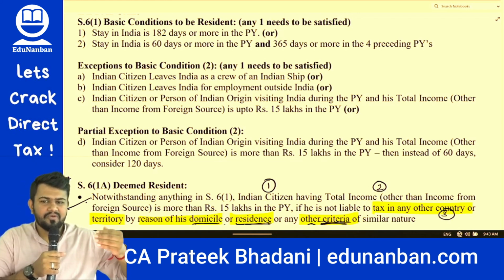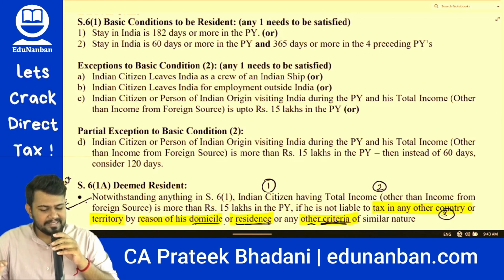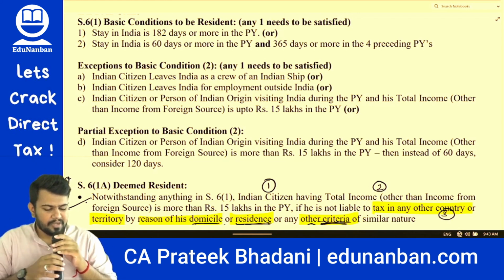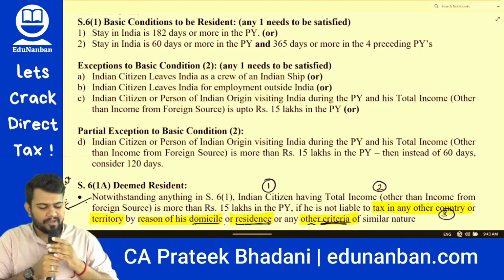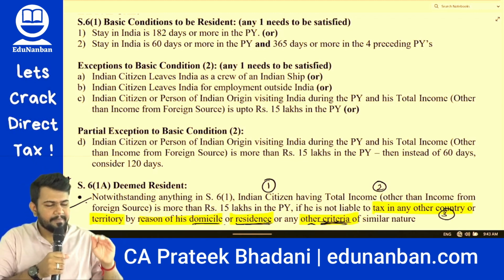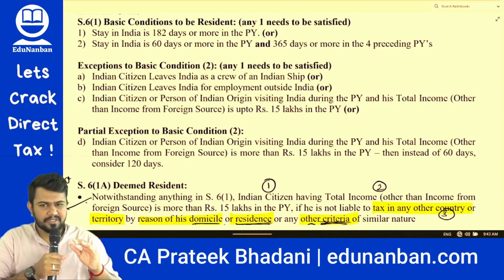Now let us talk about visiting India. If an Indian citizen or person of Indian origin is visiting India during the previous year and his total income other than income from foreign source is up to 15 lakhs, then they are covered under exception.